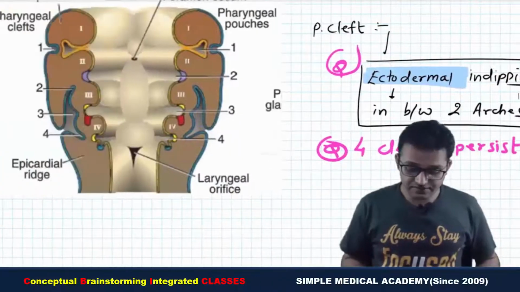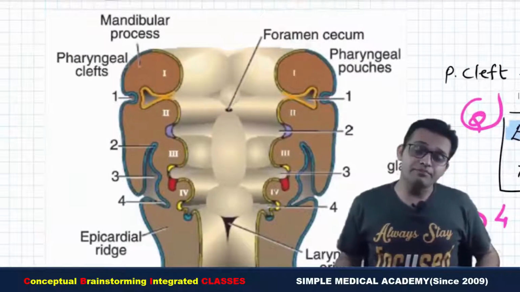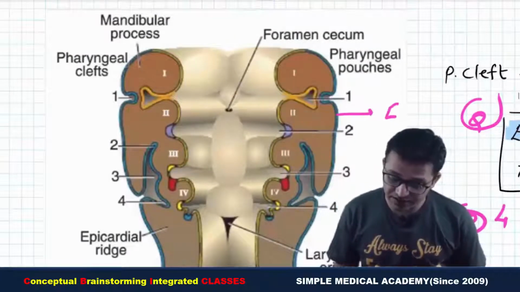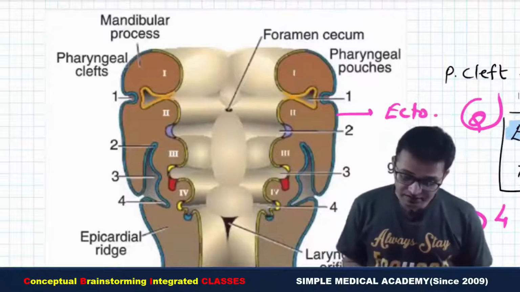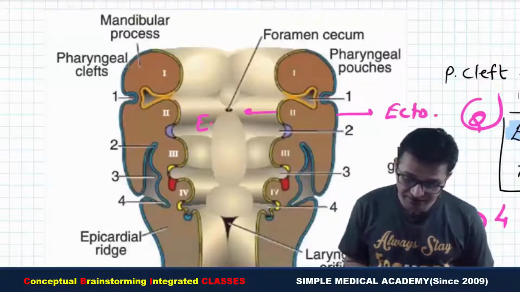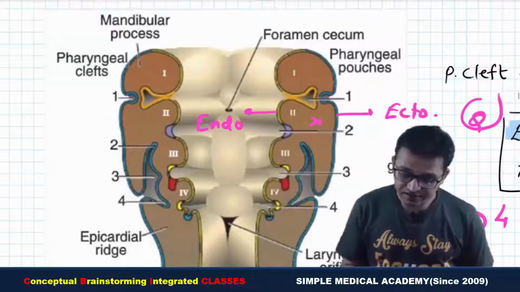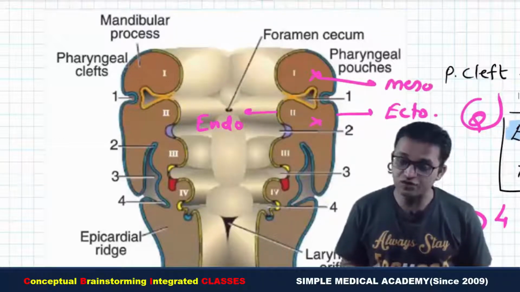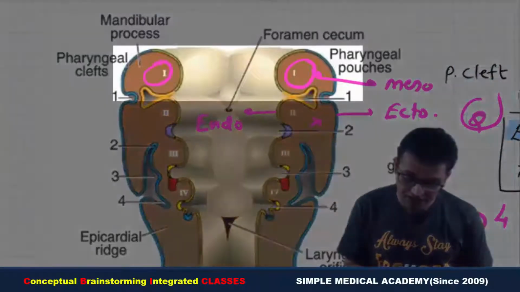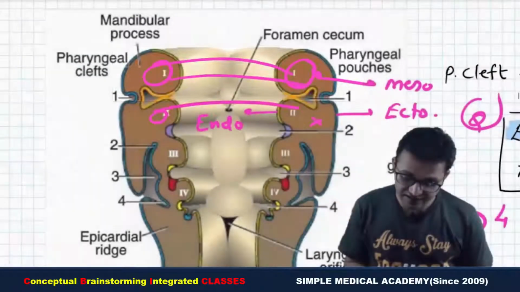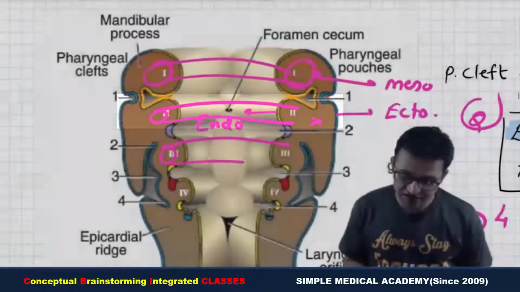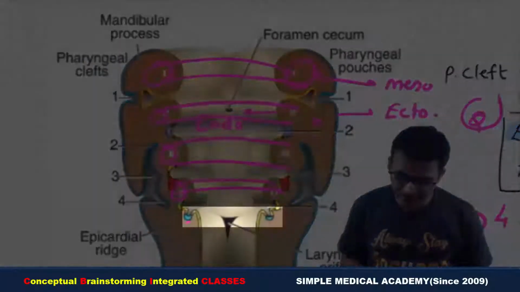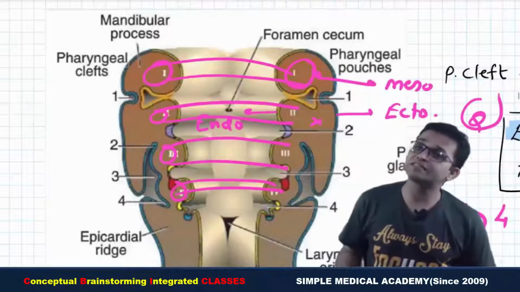Can you see this image from the standard Langman embryology? The blue color means ectoderm, the yellow color is indicating the endoderm, and the brown or reddish color is indicating the mesoderm. This is the first arch running horizontally, then the second, third and fourth arches running horizontally, and a very small amount of the sixth arch, which is not properly represented here.